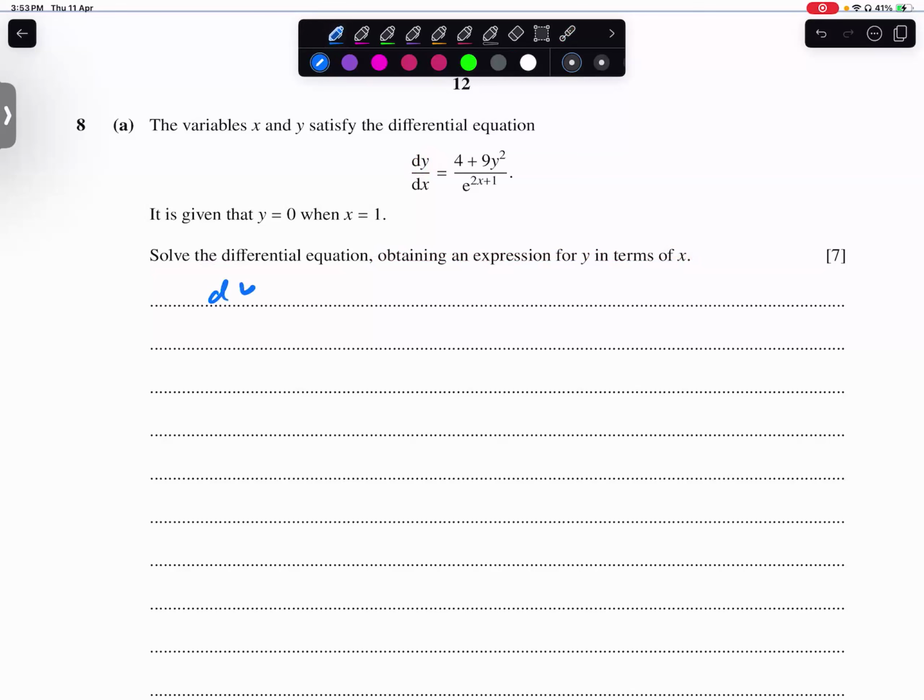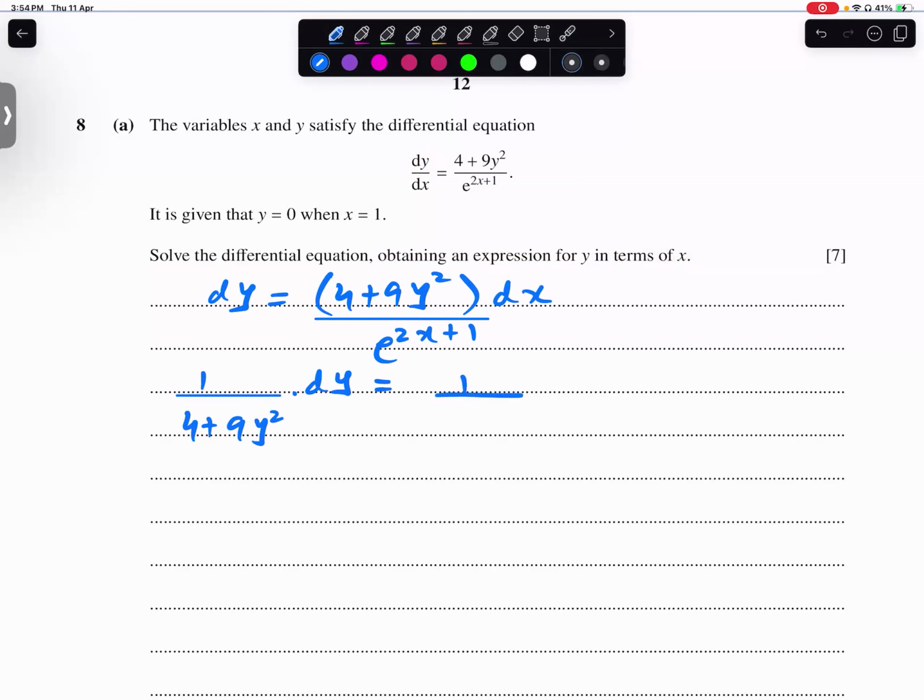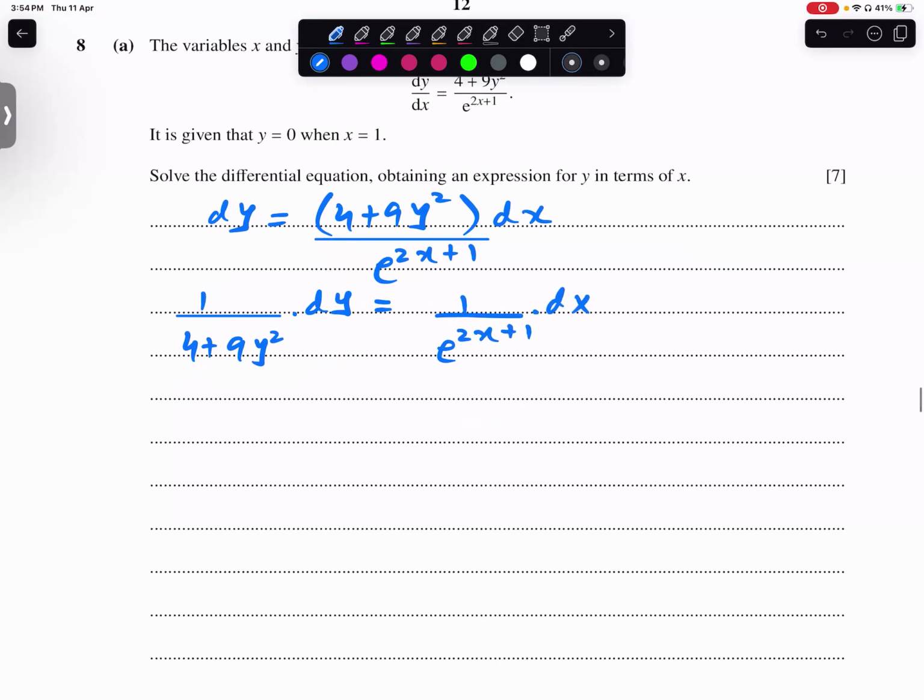So let's apply the rules of differential equations. 4 plus 9y square times dy is equal to dx divided by e power 2x plus 1. Then bring 4 plus 9y square here on the left side. And then write 1/e^(2x+1) dx.